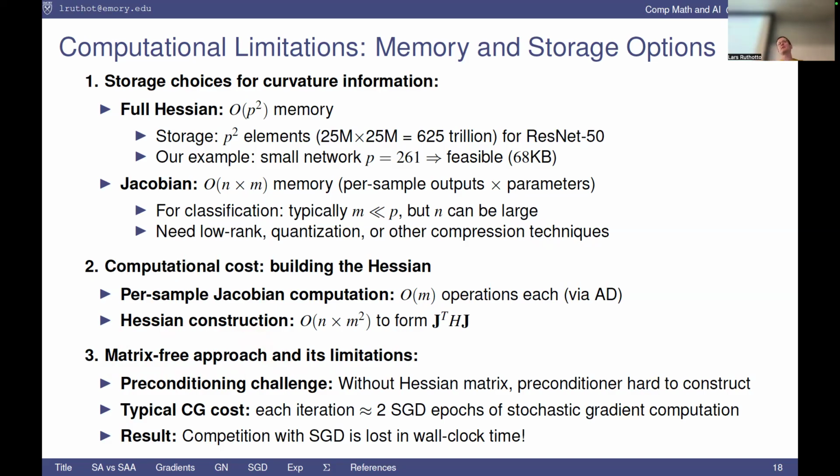So while these methods work, sometimes they're just not competitive with just doing a simple SGD step. And also preconditioning. For the small example, I hold the matrix in my hands, so I can pretty much just use a backslash, or if it was too large, I could look at it and quickly come up with a good way to precondition. That is a bit harder when you don't have the matrix.